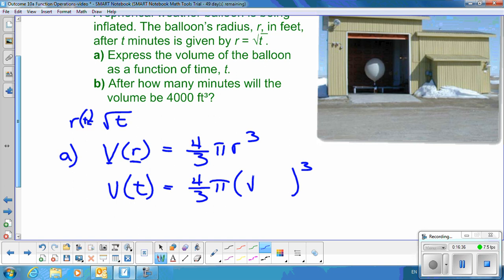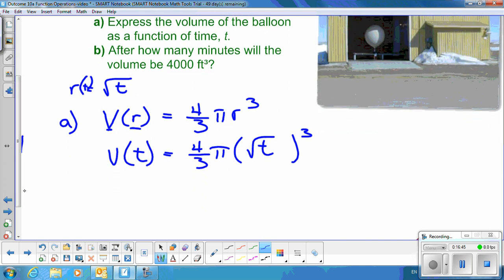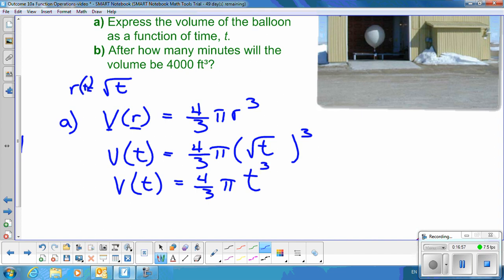So we're going to substitute root t into that equation. We can do a little simplifying there, and we end up with the volume as a function of time equal to 4/3 pi times t. And if I write that in exponential form, it's t to the power of 3/2.